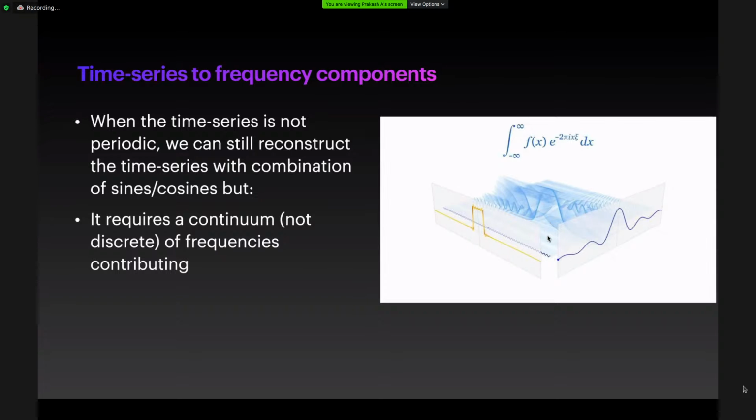So that is what is depicted over here. There's an attempt to make the two-dimensional space showing all the frequencies. But of course, it's a continuum of frequencies. You won't be able to show it very easily. But you can see the projection of it in the frequency space.